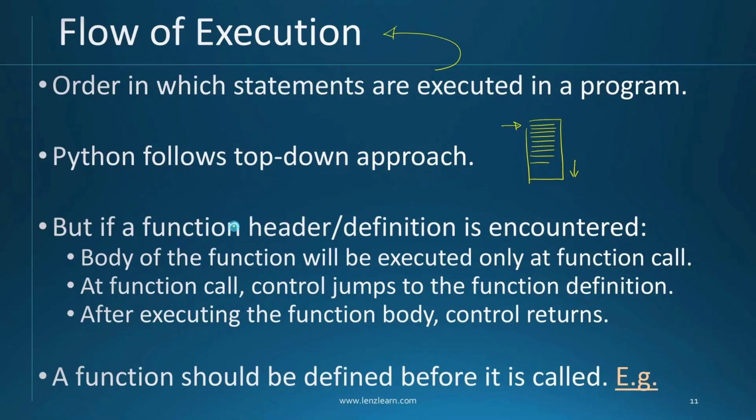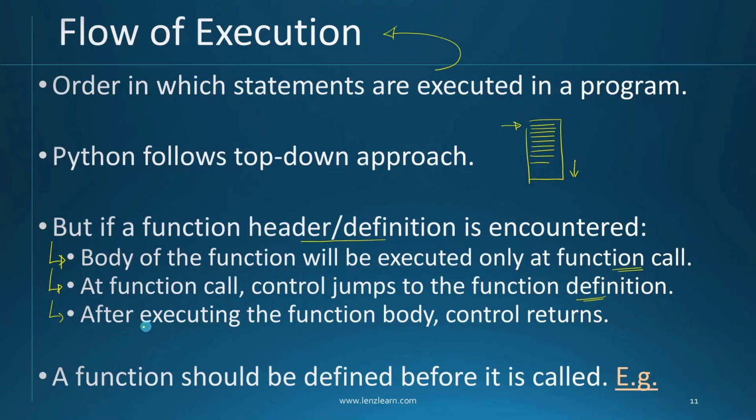When the Python interpreter encounters a function header or a function definition, first, the body of the function will be executed only at the function call. Second, at function call, the control will jump to the function definition. We have already seen many examples of this.